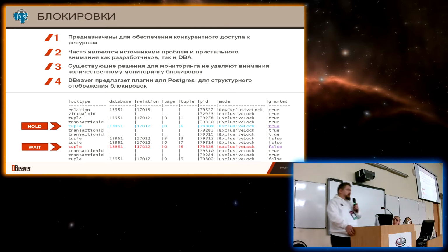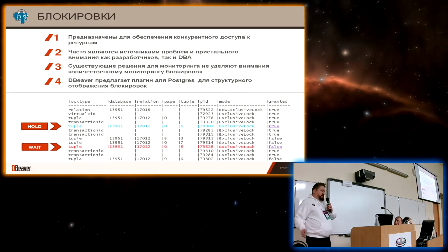In DBeaver we implemented a plugin to structurally display the graph of logs. What is it? We take a classical pglogs table, which you can see at the bottom. For every line we can see a lock for every object.